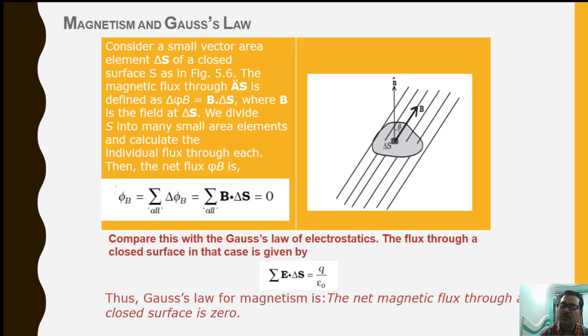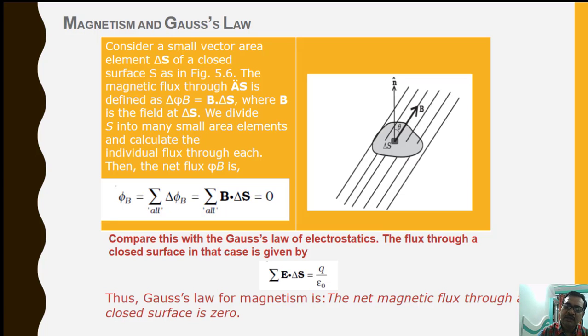So Gauss law for magnetism is the net magnetic flux through any closed surface is 0. What is the Gauss law for electrostatics? The net electric flux through any closed surface is 1/epsilon0 times the total charge enclosed by the Gaussian surface.